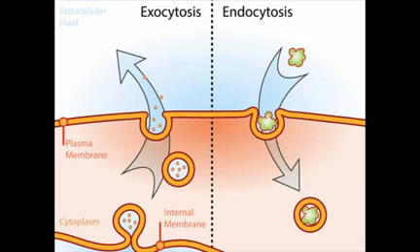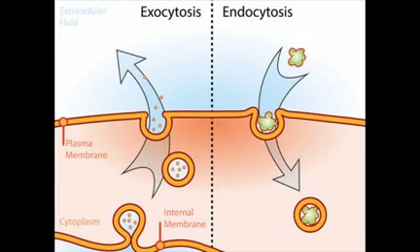When the materials taken in are liquid, the process is called pinocytosis, that means cell drinking. So phagocytosis, cell eating, occurs in case of solids, and in case of liquids it is pinocytosis, cell drinking.